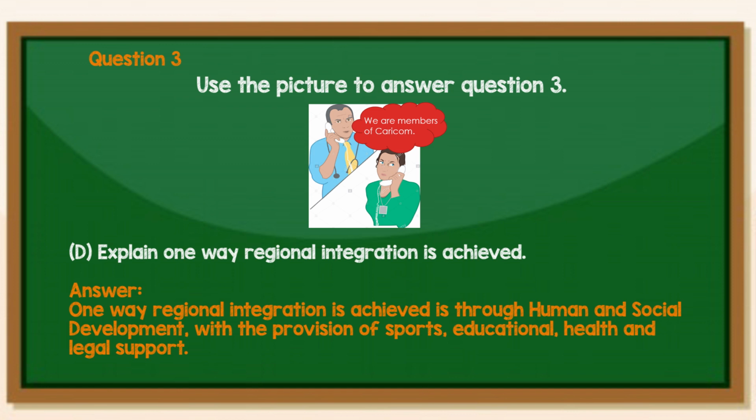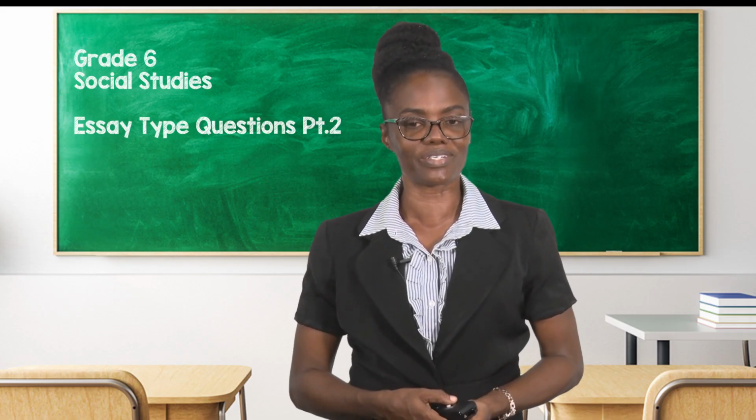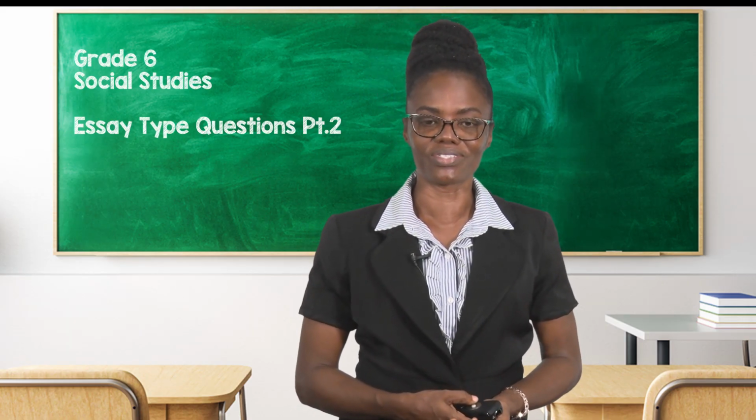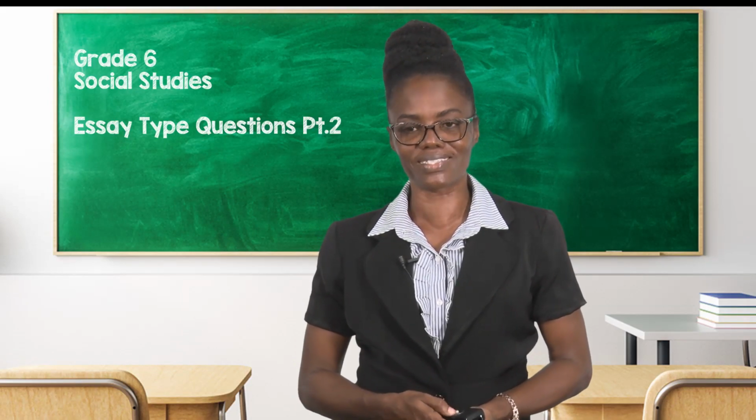Human and social development is the provision of educational, sports, health, and legal support to member states. And finally, security. Security means to share in protection of each member state from external influences. So boys and girls, any of those answers, if you have it written on your paper, it is correct.